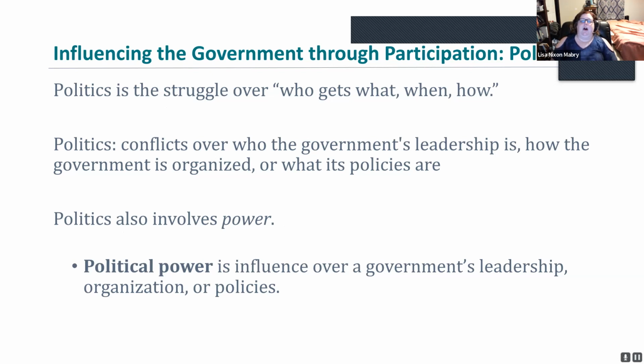So it's about who is running the show, right? Who's the government leadership, how the government is organized, and what the policies are about whatever the issue is. Obviously, it involves power because whoever's in charge has the power, right? So your book has political power defined as the influence over a government's leadership, organization, and policies.